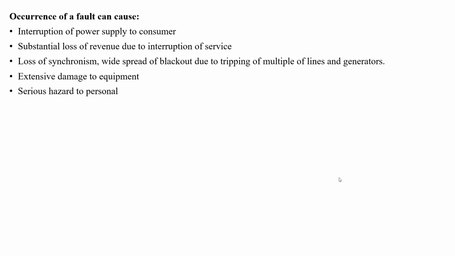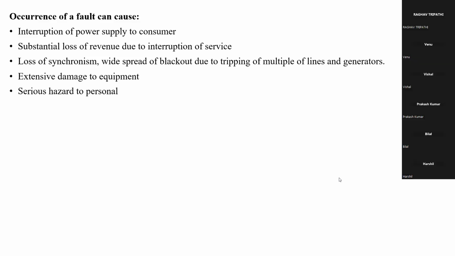Now, the occurrence of a fault mainly causes interruptions to the power supply to the consumer, because they are the end users and they need quality power. It also causes substantial loss of revenue due to interruption of service, loss of synchronism between equipment or substation to substation or one system to another, and widespread blackout due to tripping of multiple lines and generators.